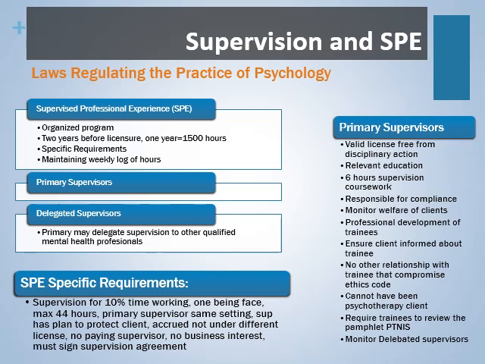The patients need to know the person's unlicensed, they're being supervised, and that the person supervising them has full access to their treatment record, and that when fees are paid, they're actually paid to the primary supervisor, not to the supervisee. This needs to occur in person by the supervisor, or it can be a written statement signed by the supervisor and given to the patient.